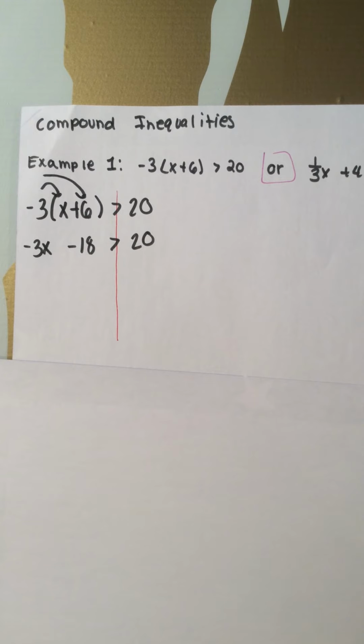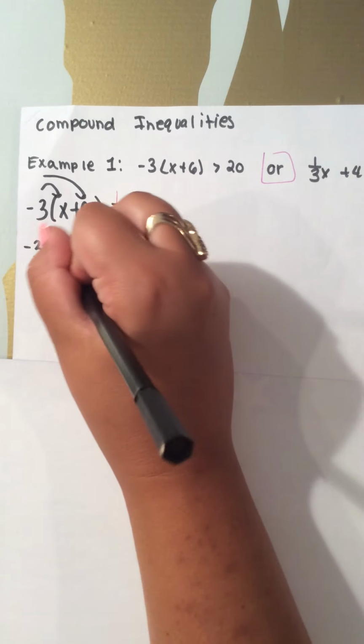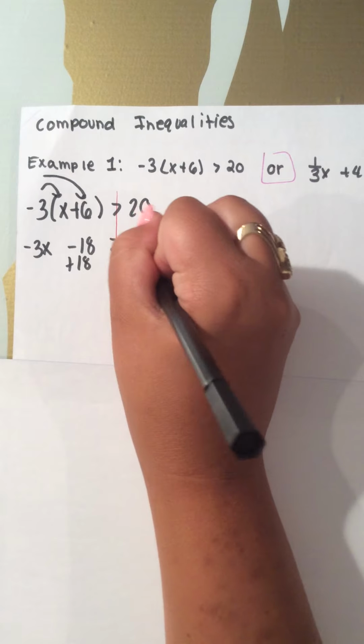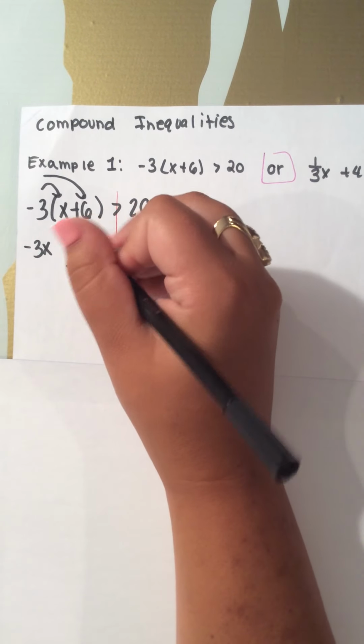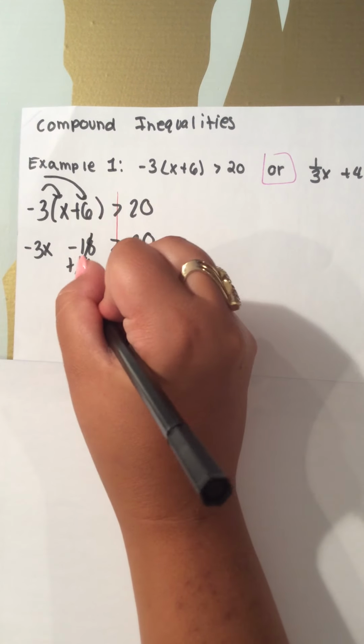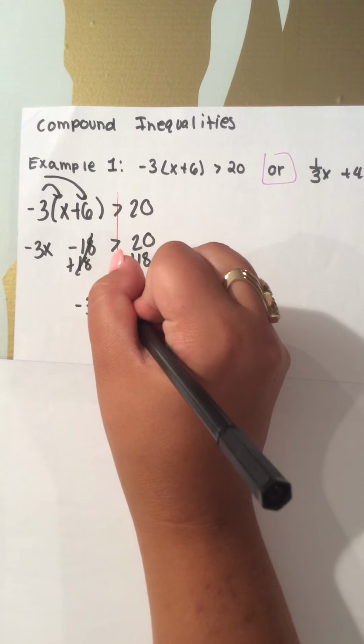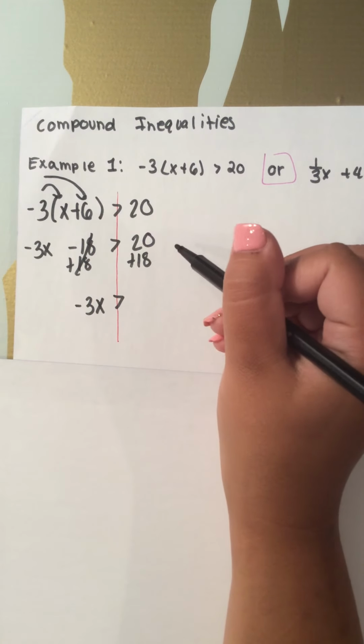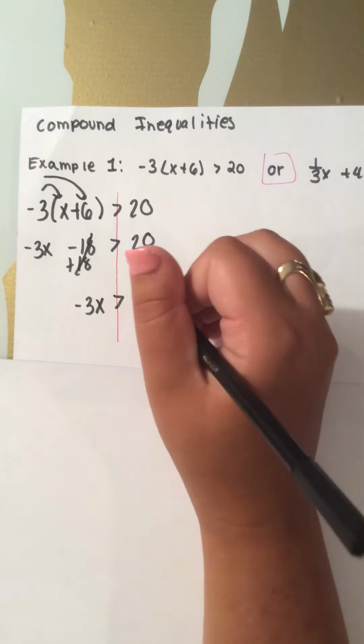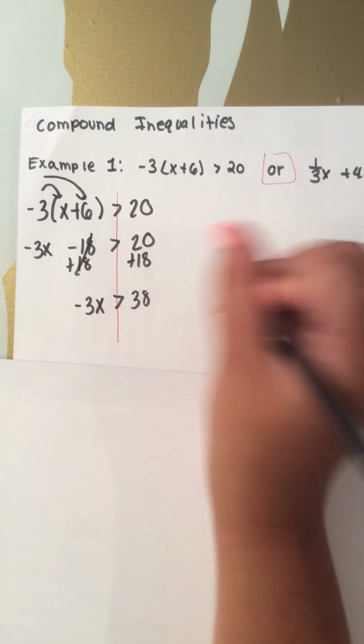Now I want to solve for x, so I'm going to add 18 because it's minus 18, so you're going to use the opposite operation. So I'm going to add 18 to both sides. Negative 18 and 18 cancel out. Negative 3x is greater than 20 plus 18, which is 38.